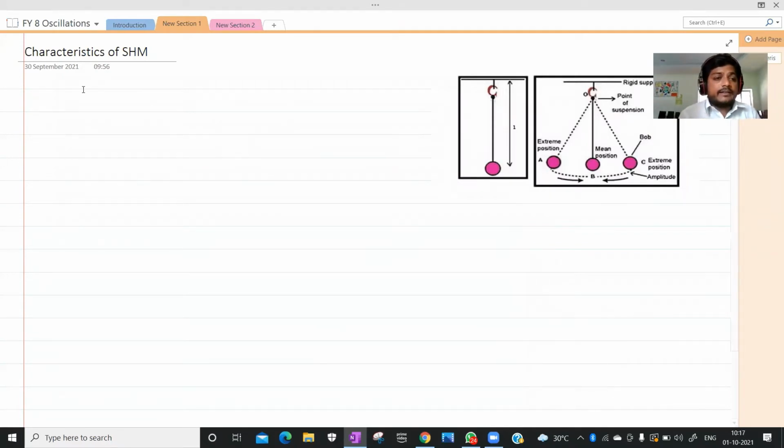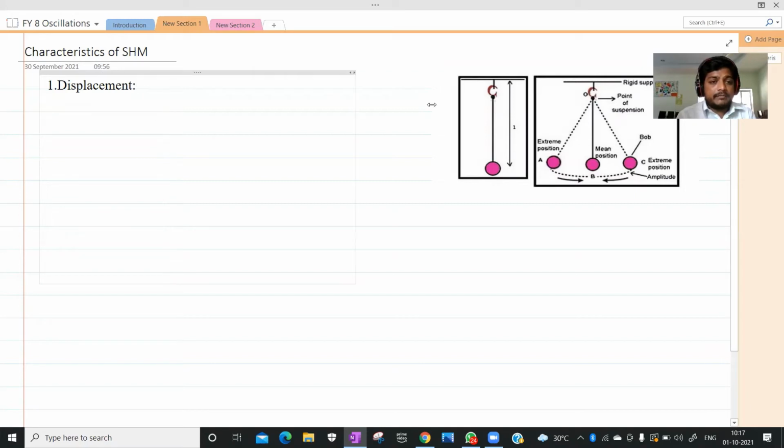The first characteristic is displacement.